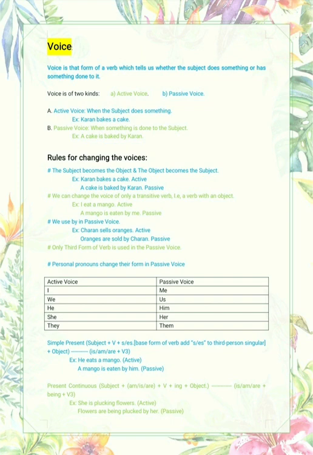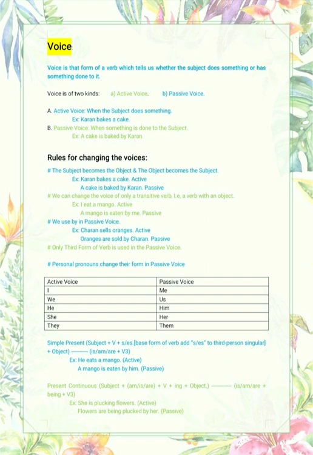Here you can see I have listed the active and passive voice rules for all the tenses. So let's start with simple present. In simple present tense, we get subject, we get verb, we add s or es to the third person singular subject, and then we add one object.